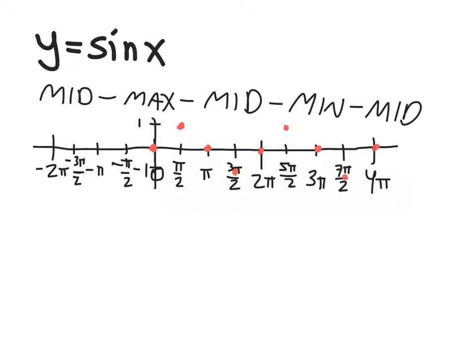Then I can work my way backwards into the negative values, as if I were going clockwise in the unit circle. So I go back to the minimum, then the midline, then the maximum, then the midline. And it keeps repeating in that cycle.